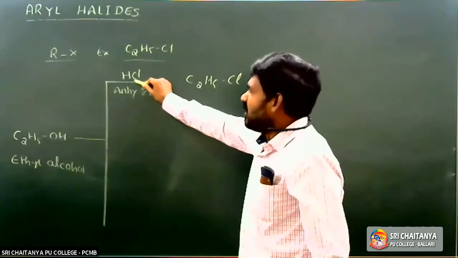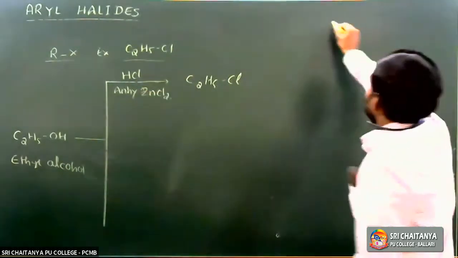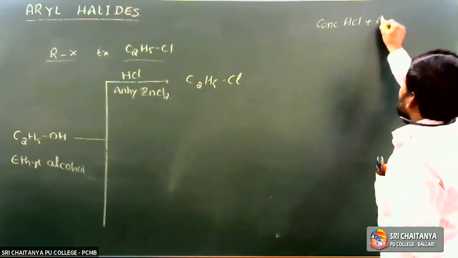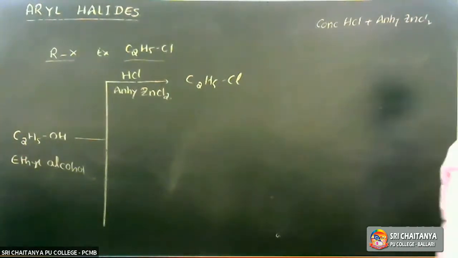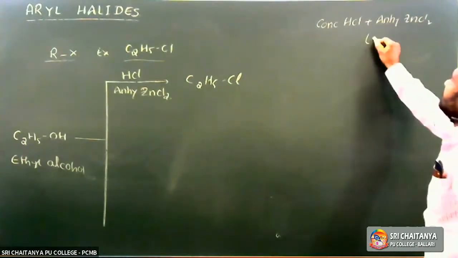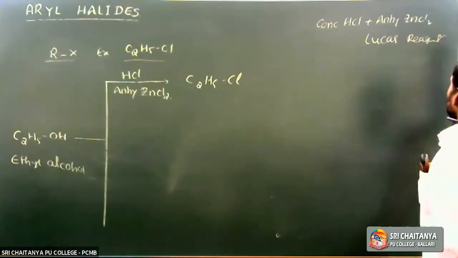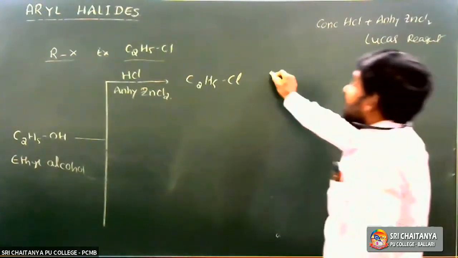A mixture of concentrated HCl and anhydrous zinc chloride, ZnCl2, is called Lucas reagent. What is the name of the reaction?